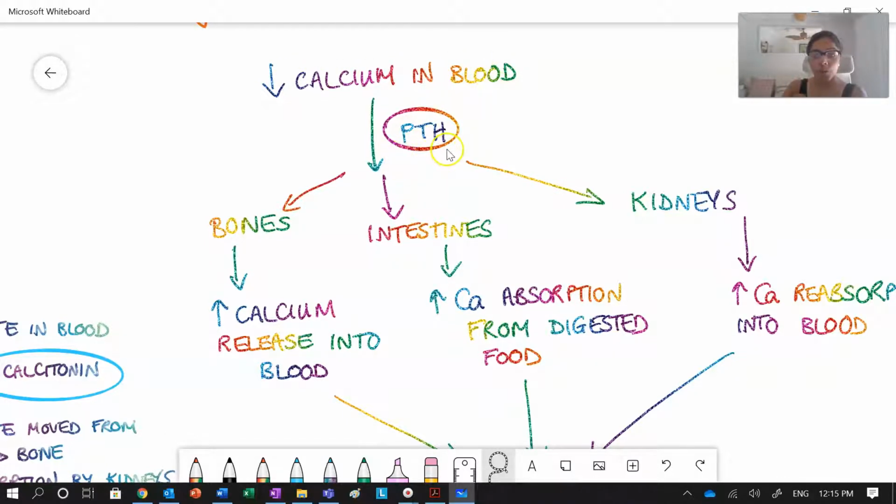Parathyroid hormone will work in 3 ways. Firstly, it will target the bones, and it will stimulate liberation or release of calcium from the bones into blood. So remembering our bones are a mineral storage reservoir.